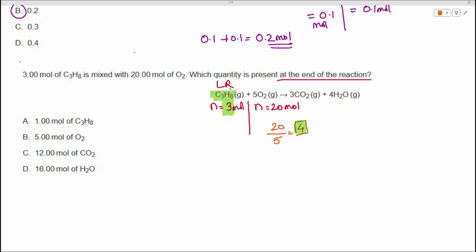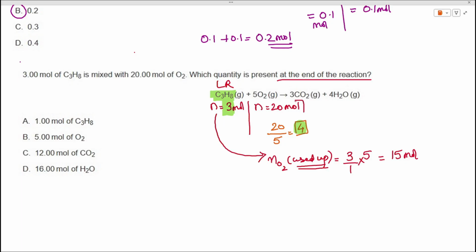Now we just need to figure out how much oxygen this limiting reagent is going to use up. The number of moles of oxygen which need to be used up to react with C3H8 will be 3 divided by its own coefficient, which is 1, multiplied by the coefficient of oxygen, which is 5. So this is 15 moles of oxygen used up.